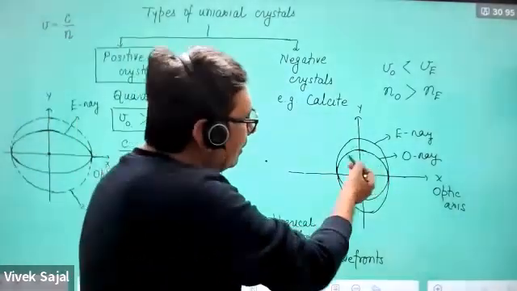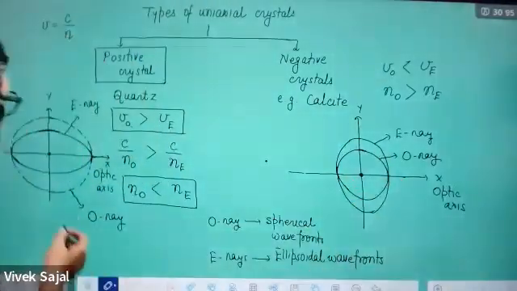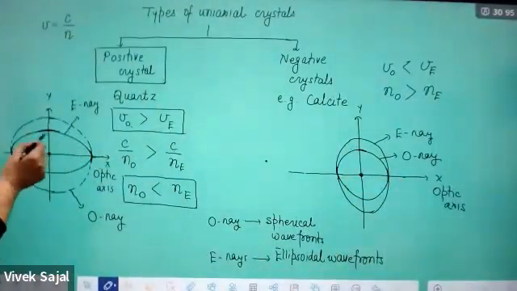You can look here. This sphere is inside this ellipsoid. Here, in case of positive crystal, this ellipsoid is inside the sphere.